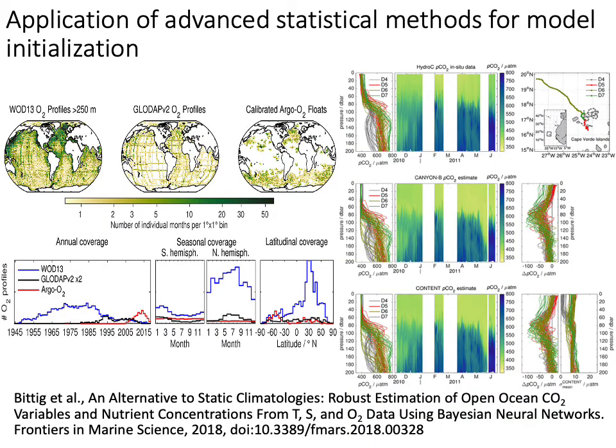Another example for model initialization is the application of advanced statistical methods such as the Bayesian neural networks used by Bittig et al. as an alternative to static climatologies to characterize biogeochemical variability in optimal relationships between the biogeochemical parameters and the physical context.